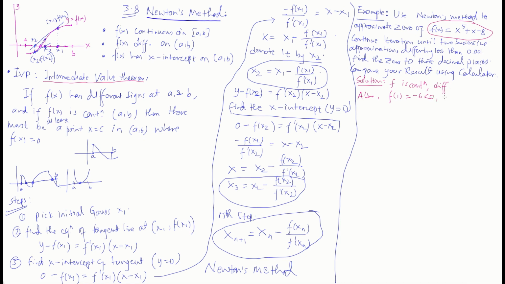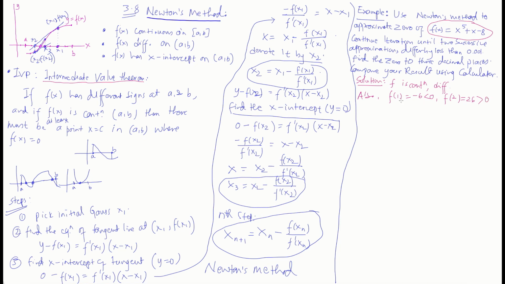This is negative. And how about f(2)? If you plug in 2, you get 2 to the 5, which is 32, like 2 times 2 times 2 times 2 times 2. So 32 plus 2 is 34, minus 8 is 26. So it is positive.